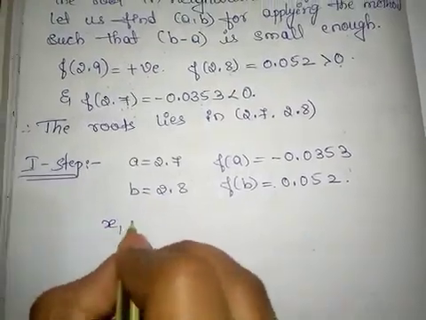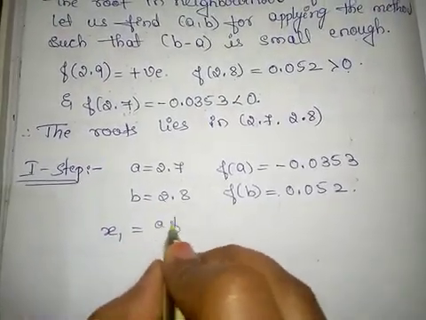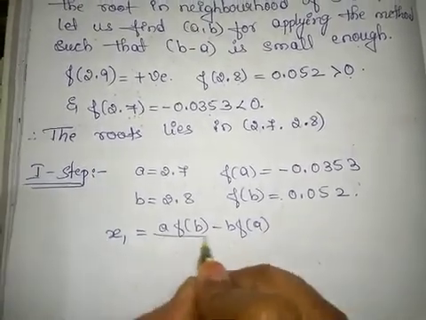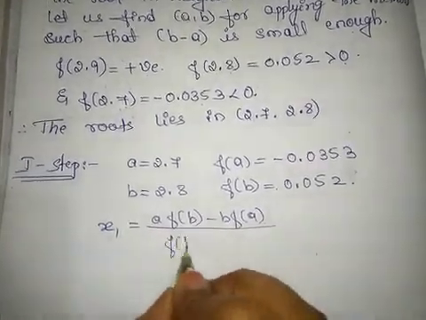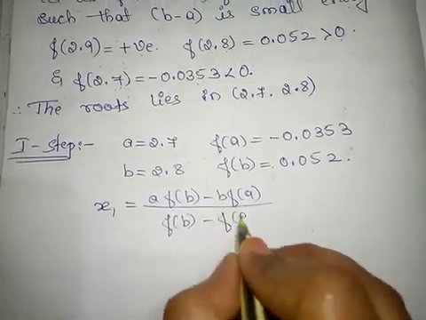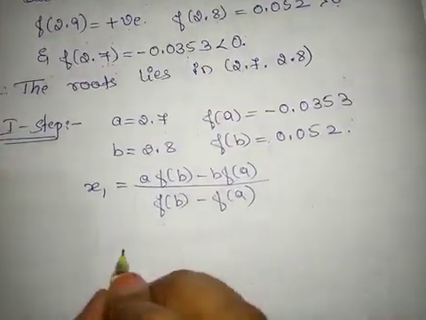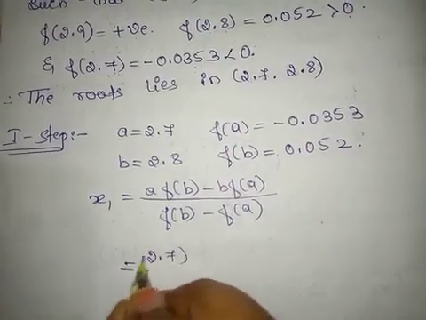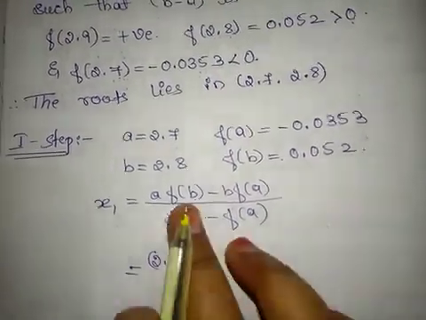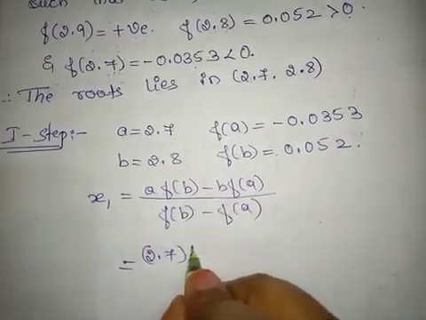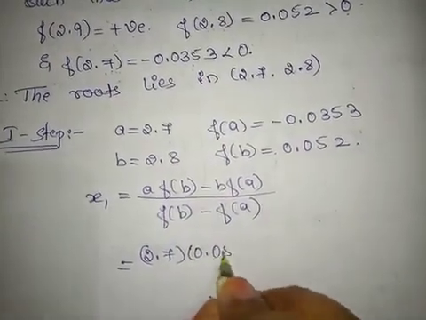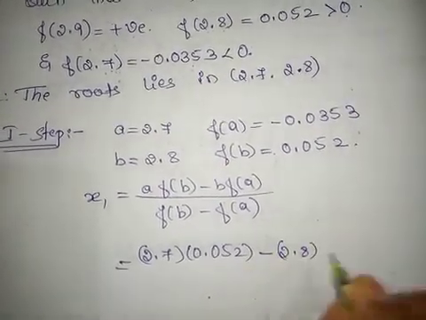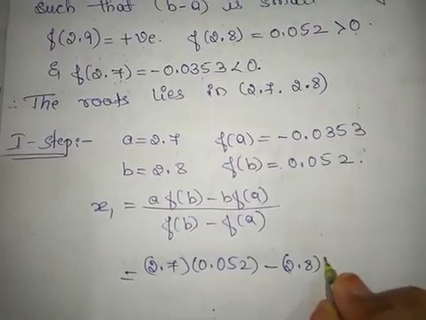Now the formula x1 is equal to a into f of b minus b into f of a divided by f of b minus f of a, which will be equal to 2.7 and f of b value is 0.052 minus b value is 2.8. F of a value is how much?